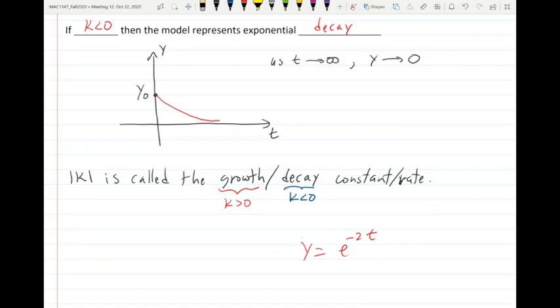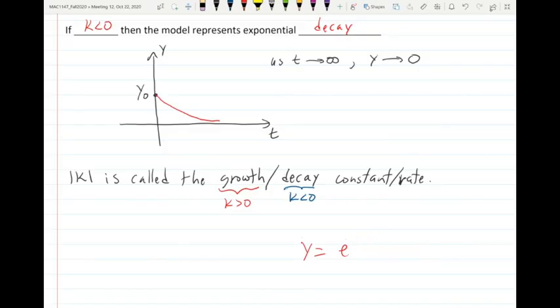So the way I'm going to be speaking is when I say the growth constant, I mean it's going to be a positive number, and then I'll just tell you a number. If I say the decay constant is 3, I mean really negative 3, because the word decay already tells me the constant is negative. So it should not matter too much.